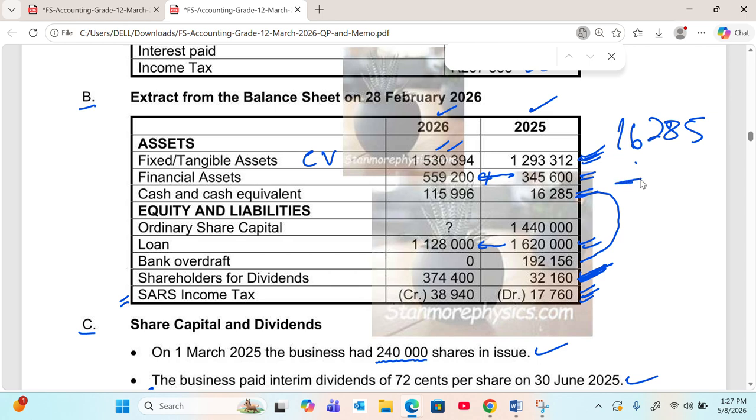From the bank, we have a minus balance of 192,156. So even if you take the money that we have from our cash and cash equivalent and minus it from the bank overdraft, we'll still be owing the bank. How much? We need to show those calculations on the cash and cash equivalent at the beginning of the year.